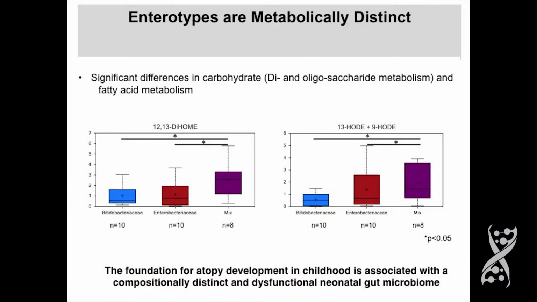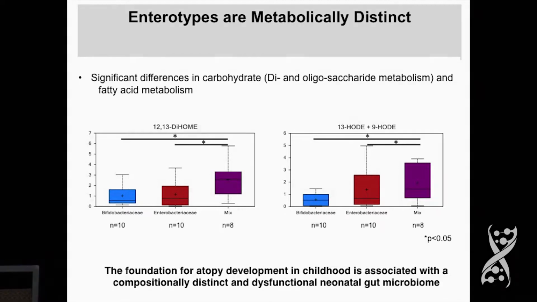So we performed global LC mass spec on 30 samples, 10 from each enterotype. And what we could see is we hit close to significance, but there are differences metabolically between these 3 infant enterotypes. And we reasoned that there are probably metabolites in common to all infant gut luminal contents, and that maybe is what's masking some of the difference here.